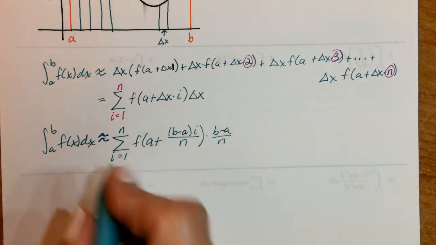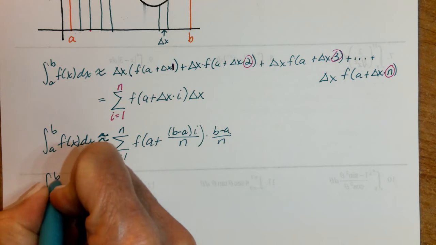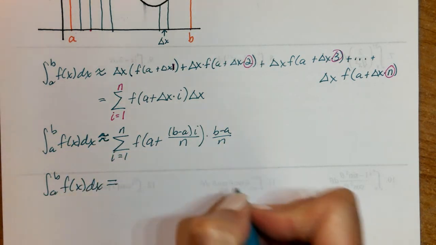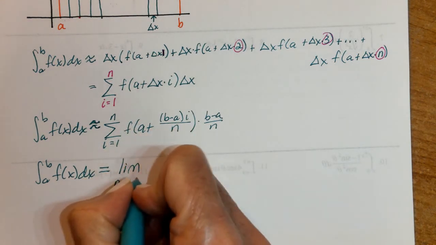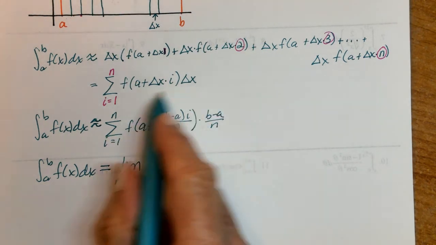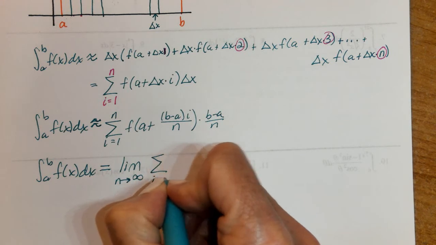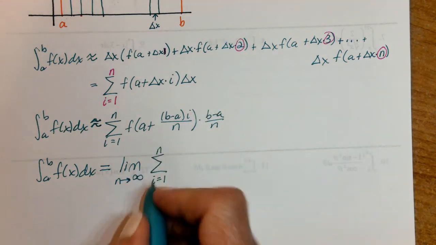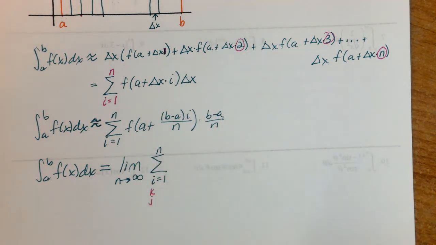So this approximately equal to sign would no longer be approximately equal to, it would be equal to the limit as n goes to infinity, the number of rectangles goes to infinity, of this guy. The sum, whatever counter you want to use, is going to go from 1 to n. But again, a lot of times I'll see a k or a j there for the counter.